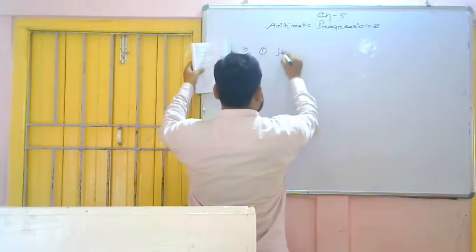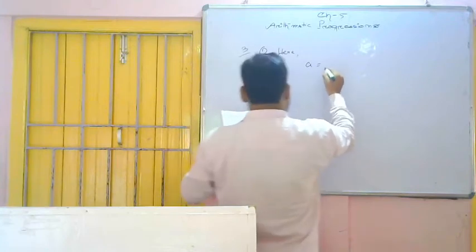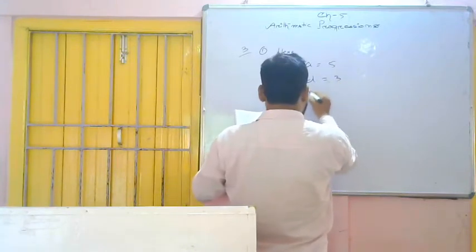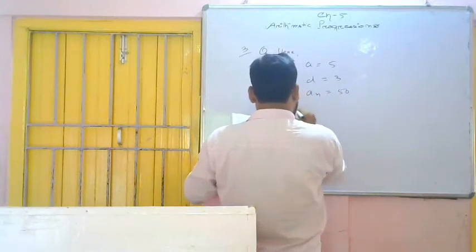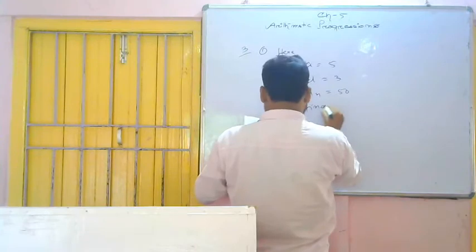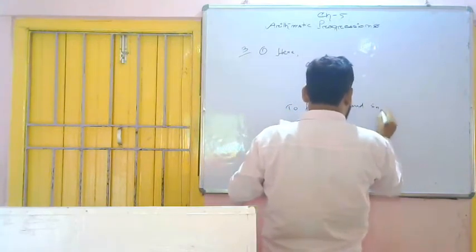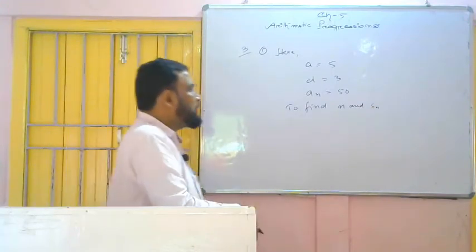Here, A is equal to 5, D is equal to 3, an is equal to 50, to find n and Sn. So, how will you find out? Which formula will you use?